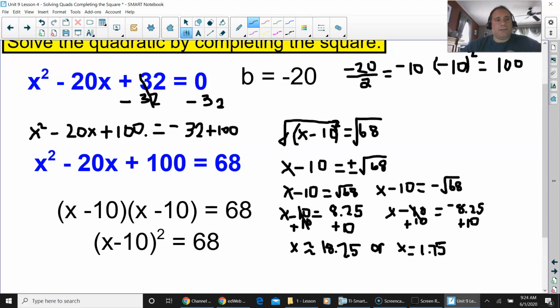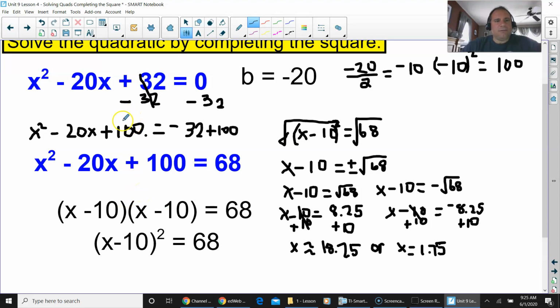Remember, I always go for b first. We have that b is negative 20, the coefficient. You divide it by 2, you square it, you get 100. You always take that c and move it over to the other side, because you're creating a situation where you're going to have binomials that are the same.